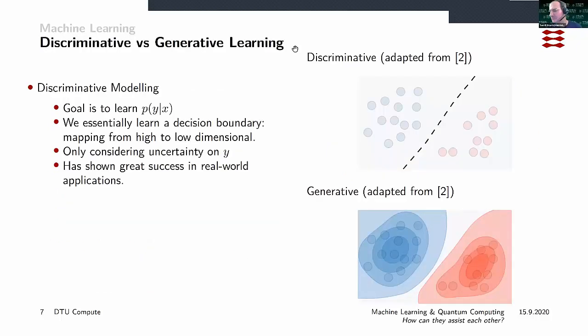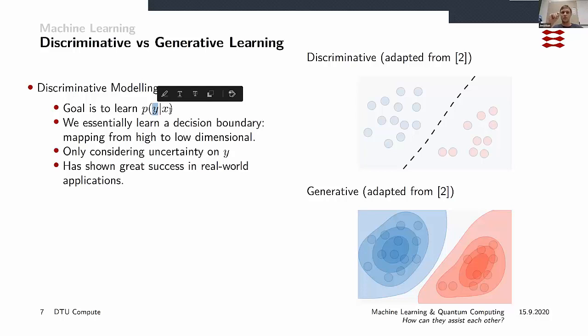there are also two subfields which sit on the boundary between unsupervised and supervised learning. One of them is called discriminative learning. Essentially, here we want to learn the probability distribution over a label, again this could be a cat or a dog, given an image.